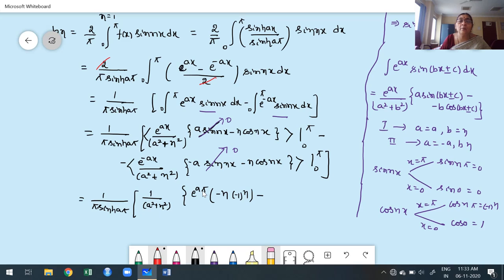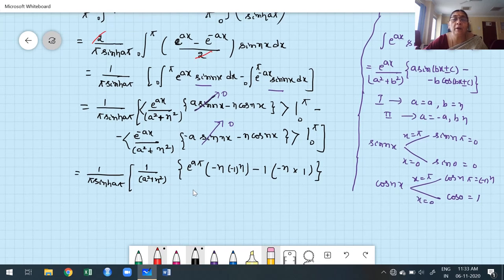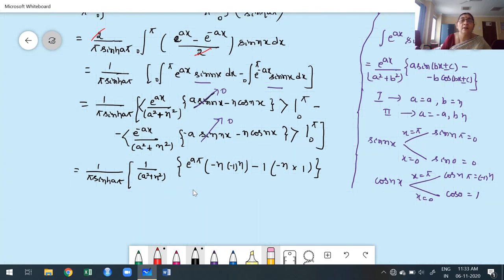What's the lower limit? E power of 0. What is e power of 0? It is 1. 1 into this is 0 minus n into cos 0. What is cos 0? It is 1. Close the flower bracket. This is nothing but the upper and lower limit of the first integral.